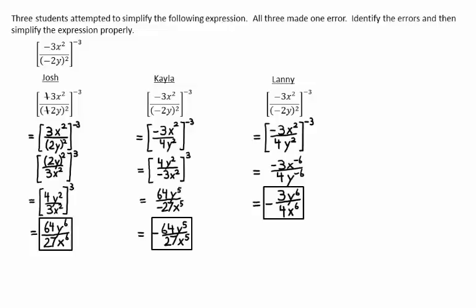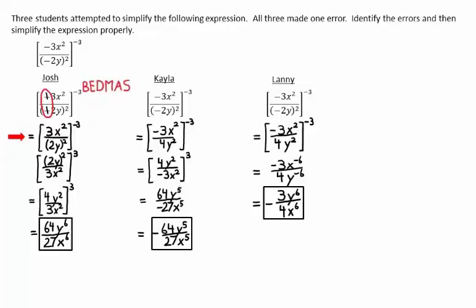First, consider Josh's solution. In his first step, Josh canceled out the negative signs in the negative 3x squared and the negative 2y. Because the negative 2y is inside the brackets and being raised to an exponent, there is a mistake in this step.